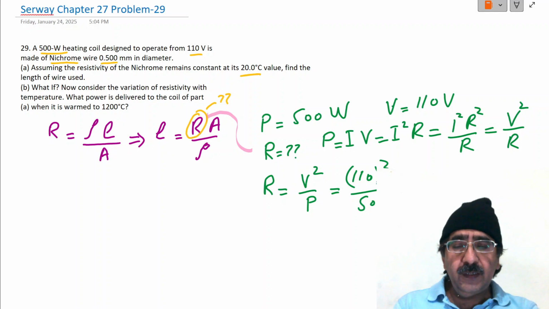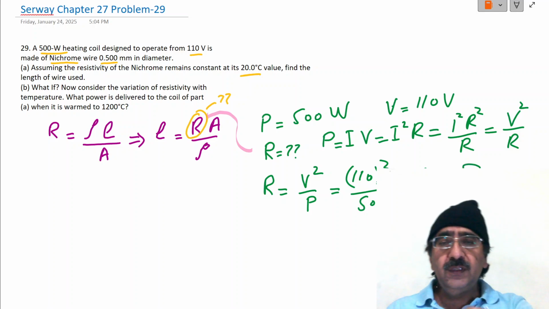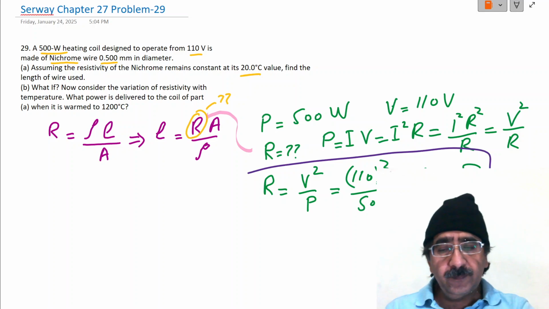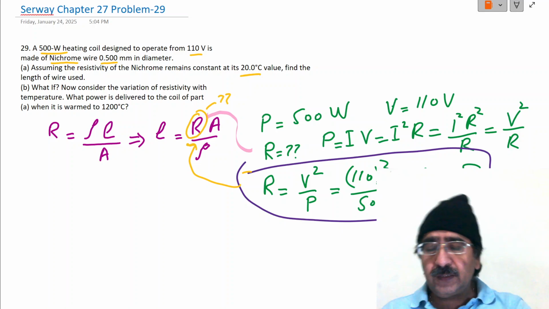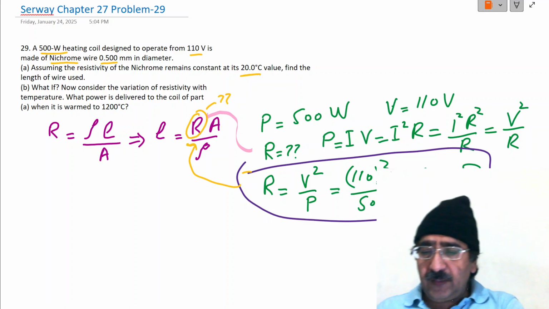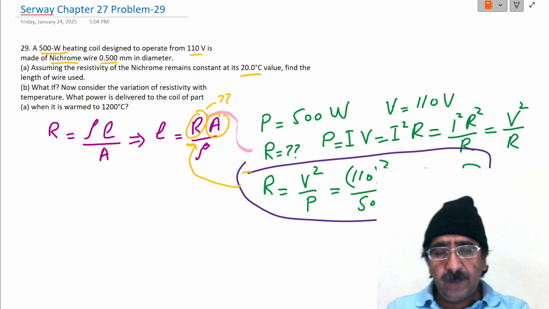So by calculating, the value is 24.2 ohm. So this will be the resistance. Okay, and we put this value in this resistance.